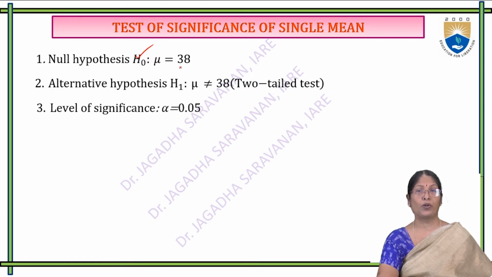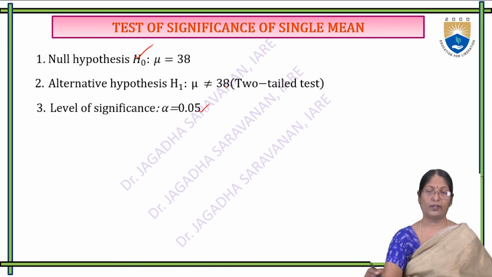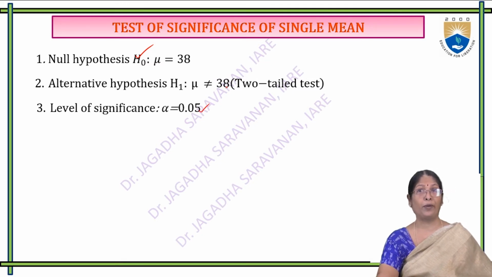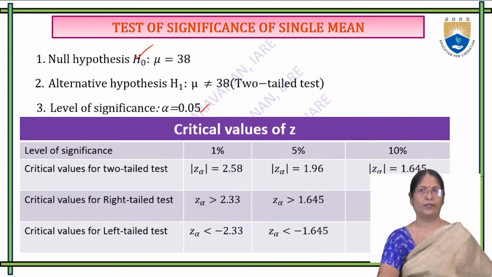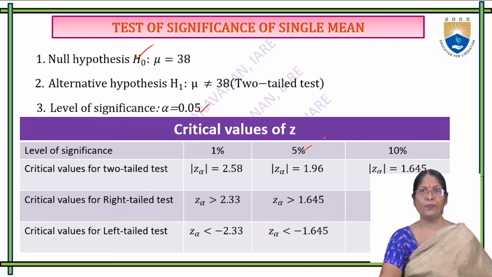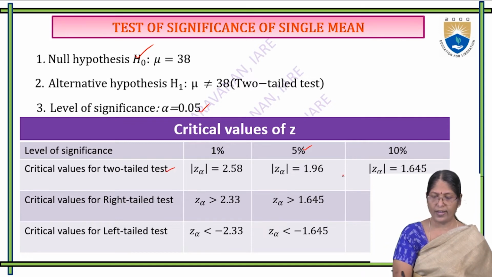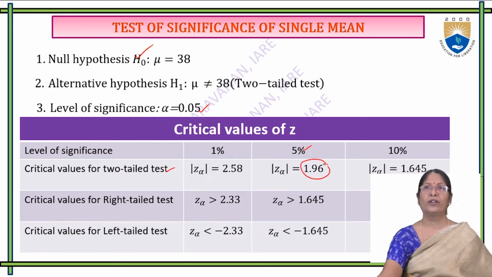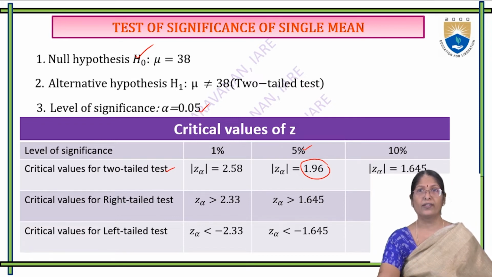Alpha equal to 0.05. If it is not given, by default we take alpha equal to 0.05. Now two-tailed, that is 0.05, that is 5%. We need the value. For 5%, that is 0.05, for a two-tailed test, this value is 1.96.